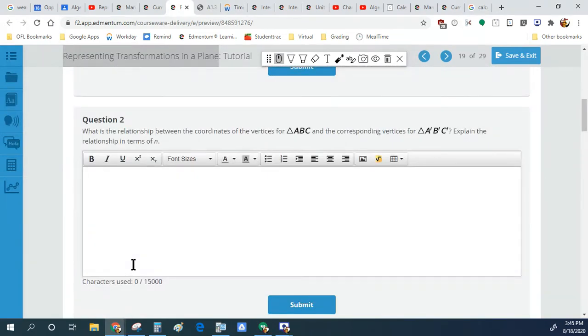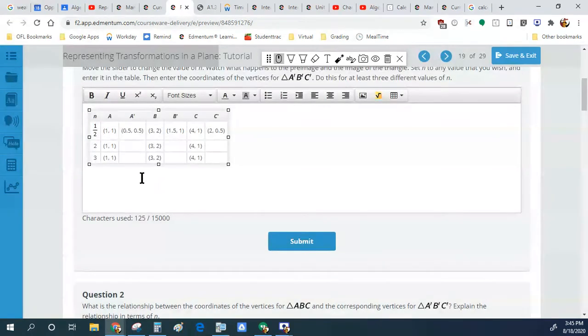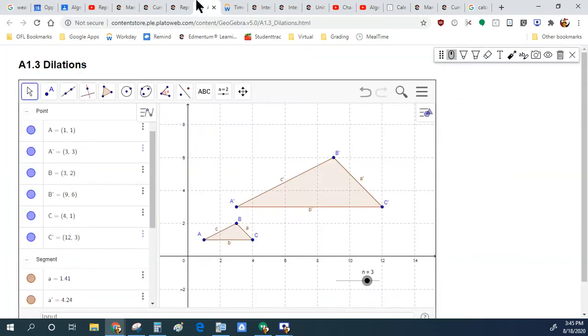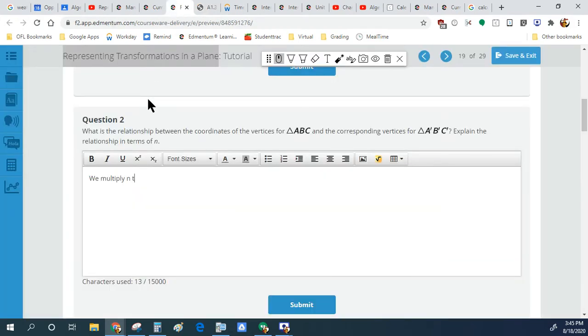All right, so moving on to the next one. What is the relationship between that and the vertices? So like I said, this means we're going to multiply. We multiply n, remember, is our scale factor, how big or small we're going, times the coordinates.